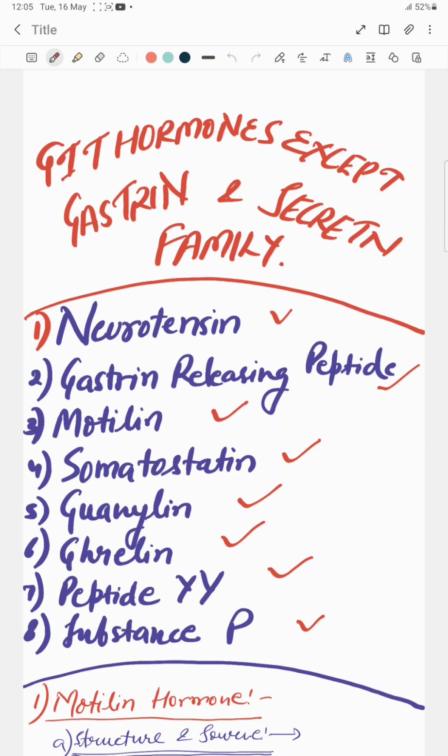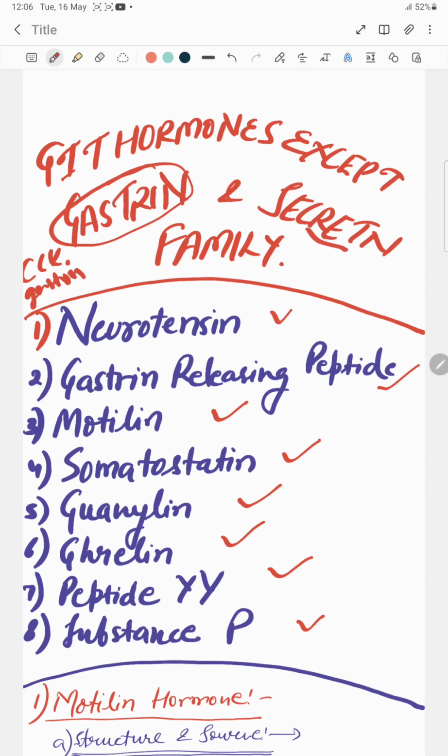Today we are going to study the GIT hormones except the gastrin and secretin families. In the gastrin family there are two main hormones, cholecystokinin and gastrin, which I have already told in my previous lectures.